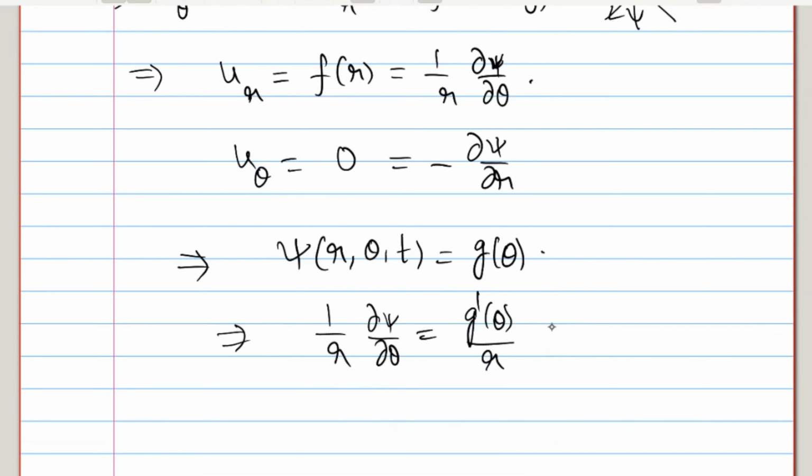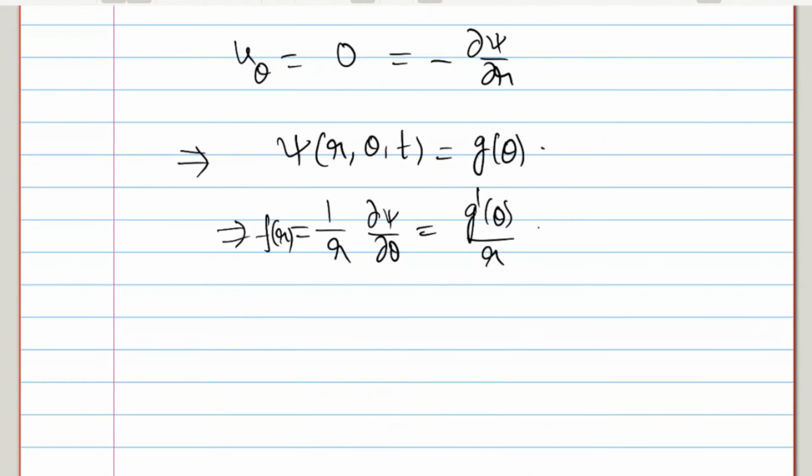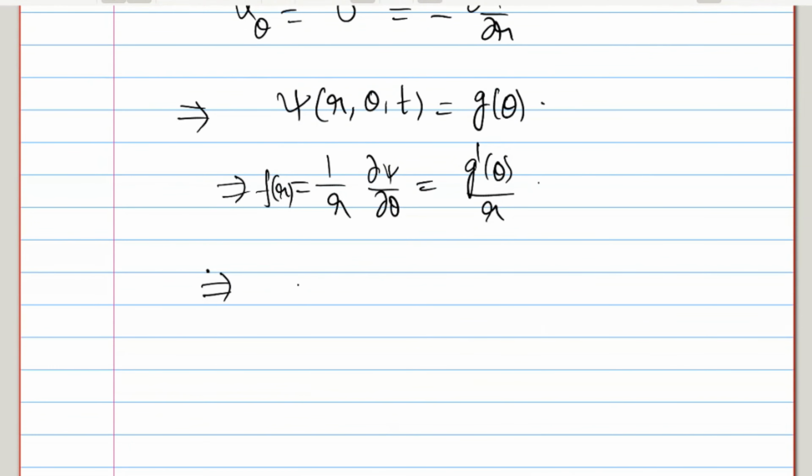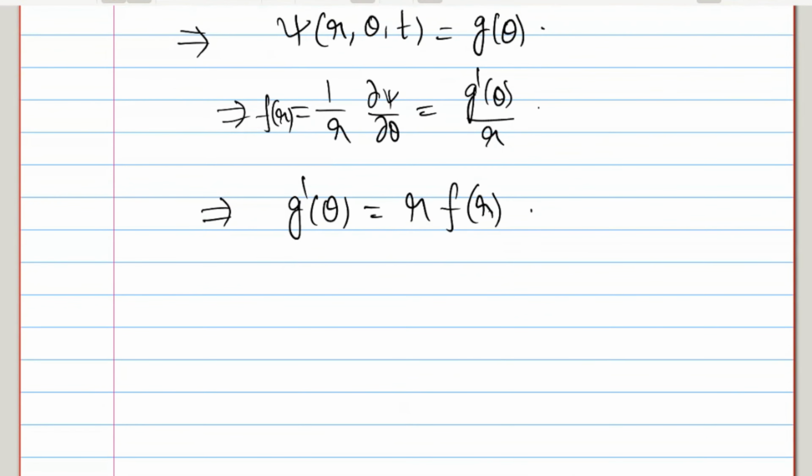And the left hand side is equal to f of r. So this will give g dash of theta equal to r into f of r, isn't it? Now what is g of theta?